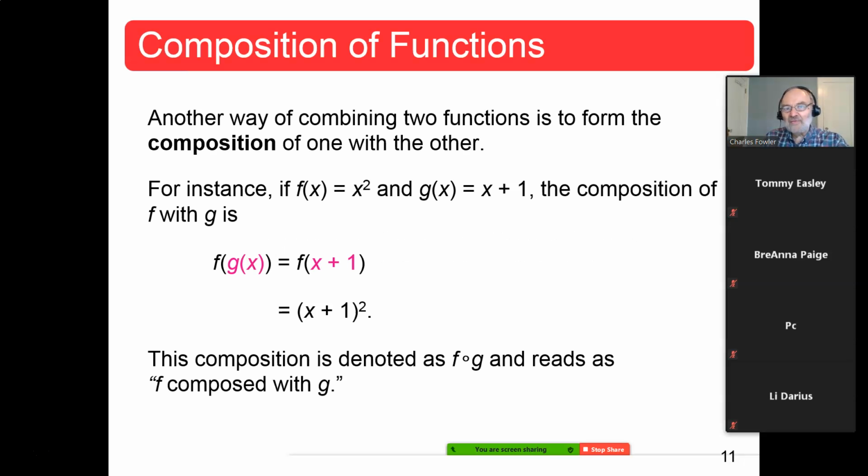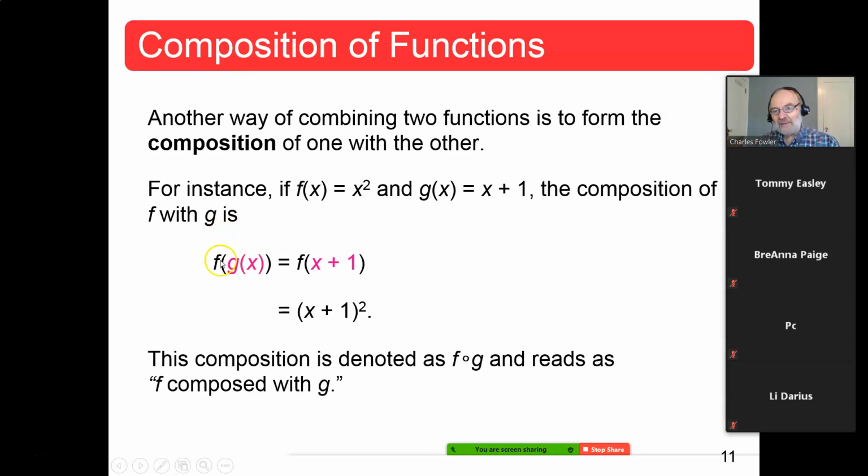Here's what we mean. Another way of combining 2 functions is to form what we call the composition of one function with the other. Here's our example: f of x is equal to x squared, almost like one we've seen before, and g of x is equal to x plus 1. Now, what do we mean by the composition of f with g?